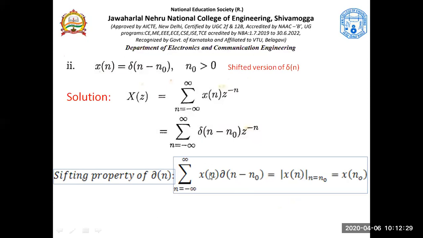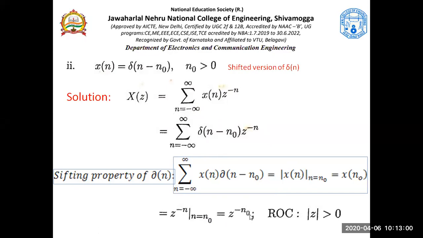That's why this x of n needs to be evaluated at n equal to n naught. What is x of n here? The signal which is along with the delta function is x of n. So this needs to be evaluated at n where delta of n minus n naught exists. Get that point? So what would this summation be? The whole summation would be equal to z to the power minus n being evaluated at n equal to n naught.